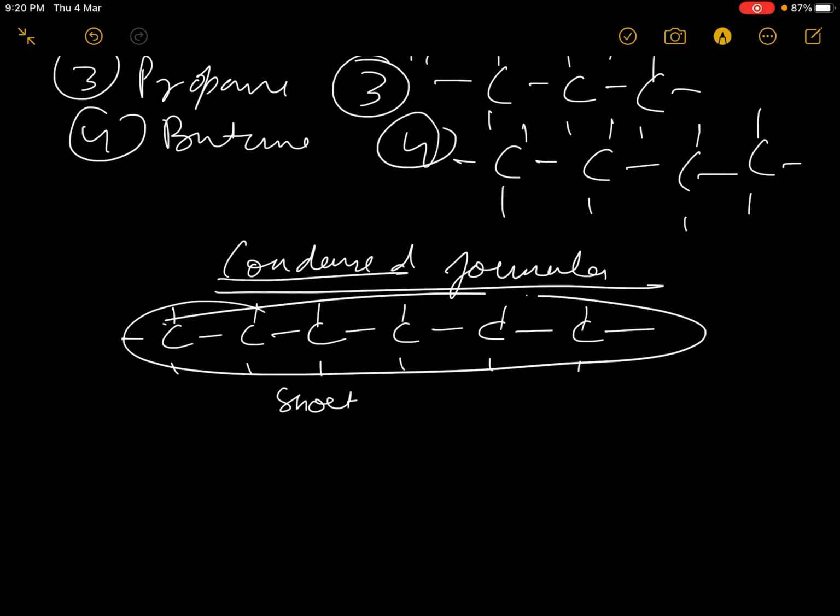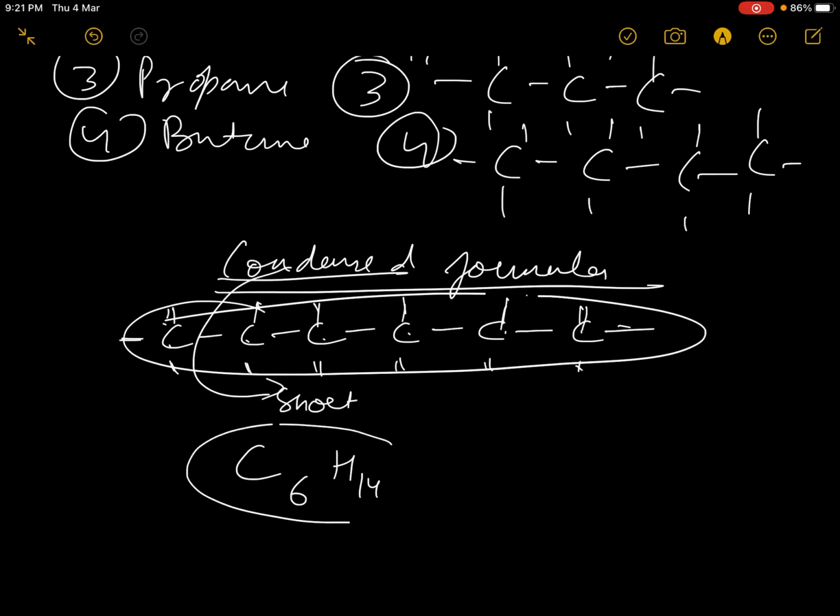Condensed means short. What we do is simply write the carbon and the hydrogen. How many carbons are there in this? 1, 2, 3, 4, 5, 6 carbons, and we count the hydrogens: 1, 2, 3, 4, 5, 6, 7, 8, 9, 10, 11, 12, 13, 14, so C6H14.